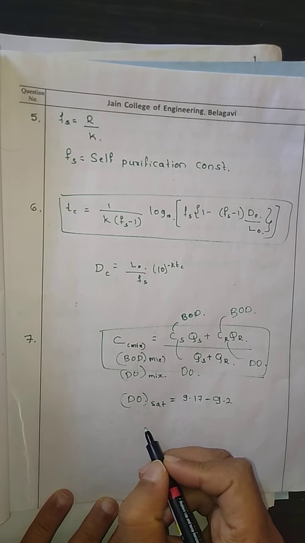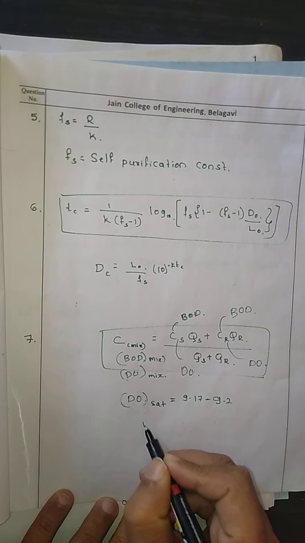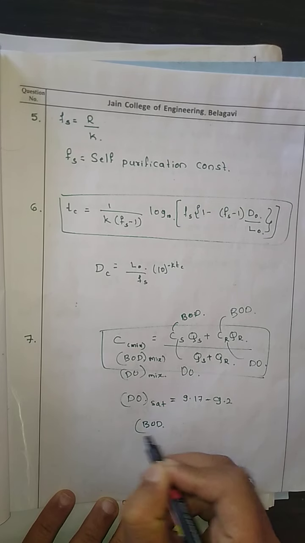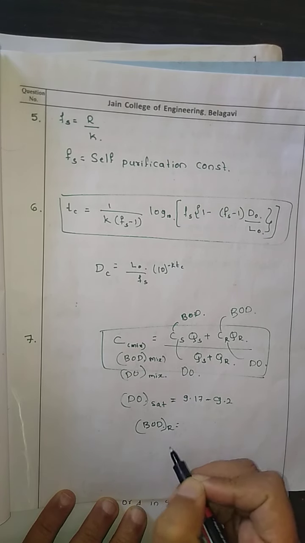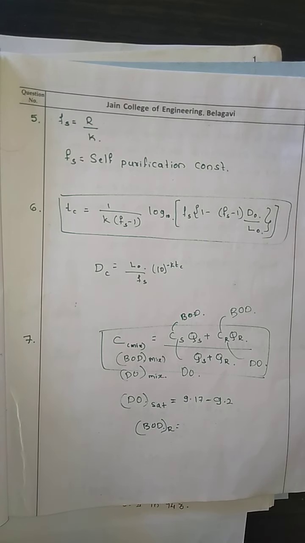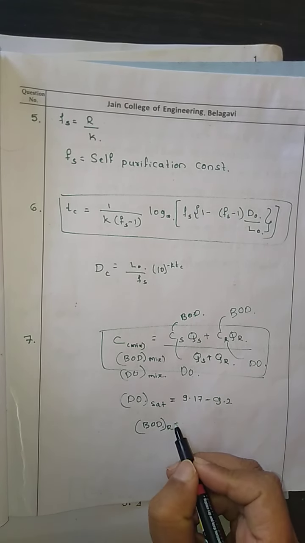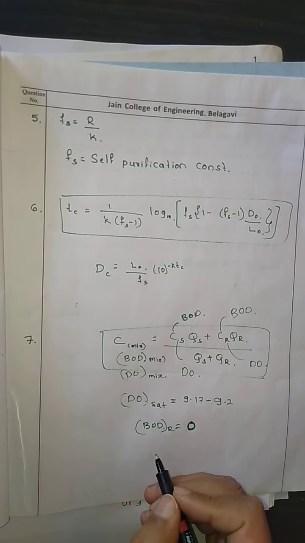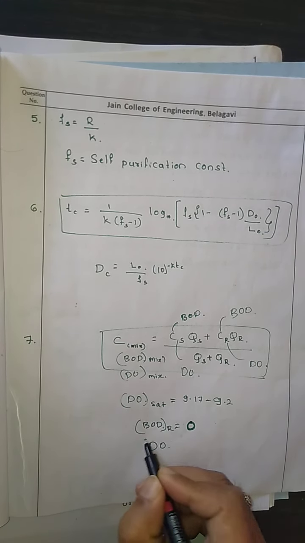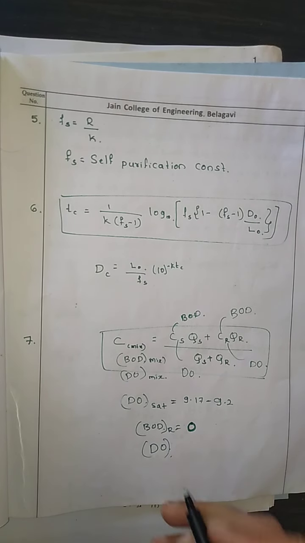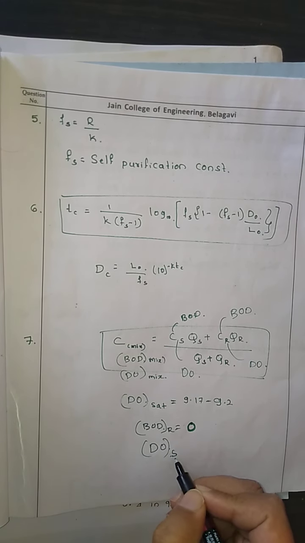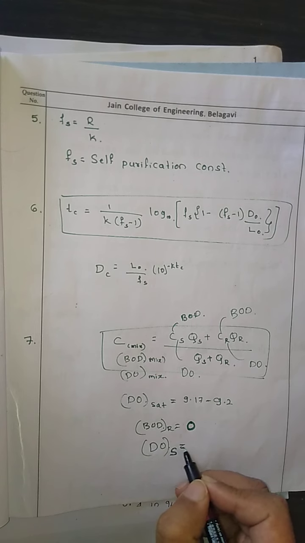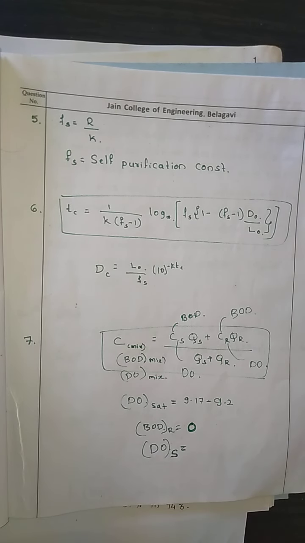And one more thing we need to know is, suppose the BOD of a river is not given, as you know, if it is pure, then the BOD of the river will be 0. Now again we need to take one more assumption. The DO of a sewage: as you know, there will be no DO in the sewage.